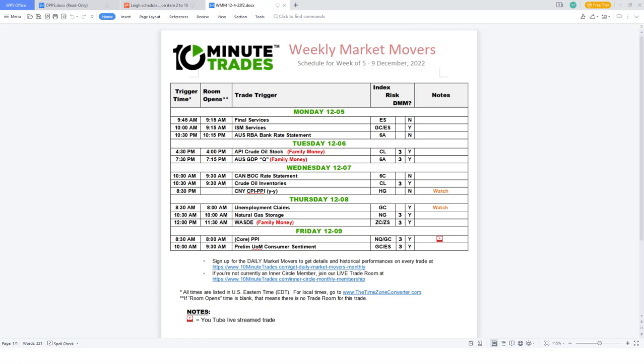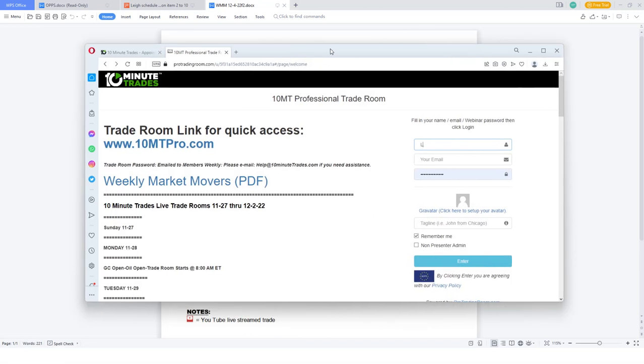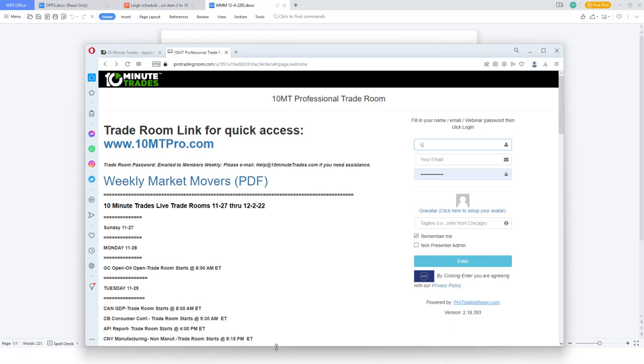So when you're getting ready to come into the trade room, it kind of looks like this. You can actually download the schedule. There'll be a link right here for the schedule. And then I put the schedule in so you can see when the trade room starts, okay? We call this the trade room lobby. Schedule's not updated yet for next week, but it will be today, okay?